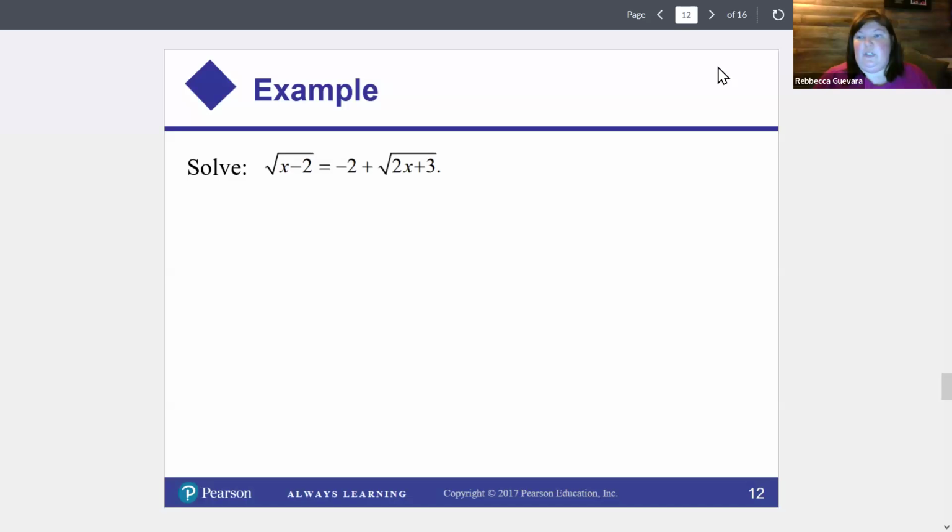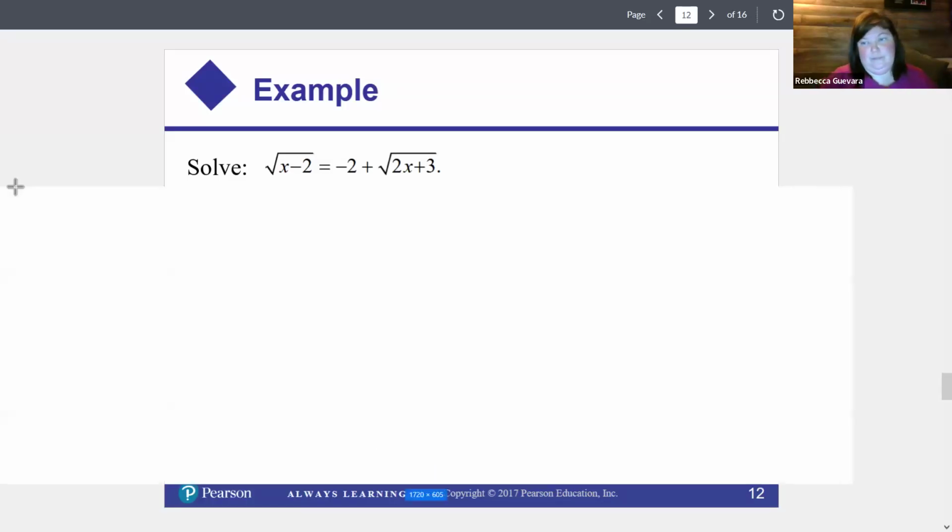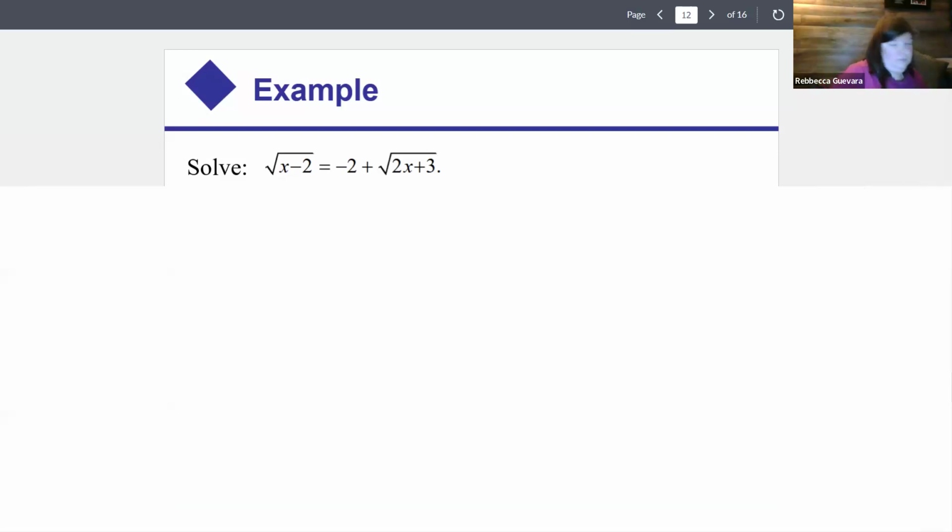Okay, so for this one, we're going to end up with a polynomial again. Fortunately here, we already have one of my radicals isolated, so I can just go to that second step and square.